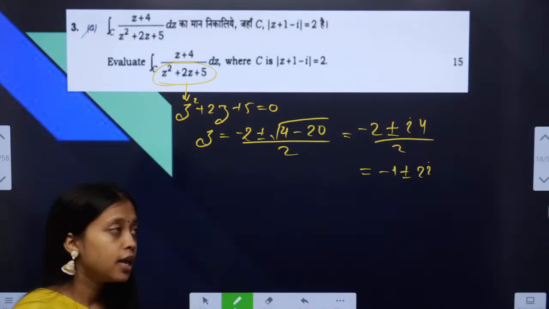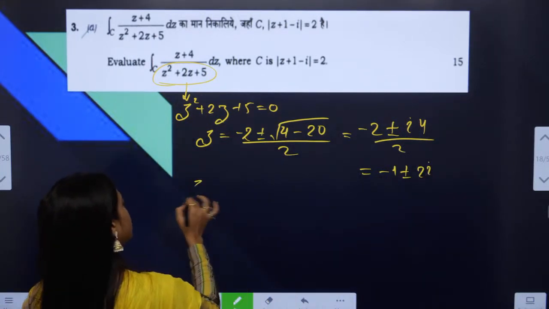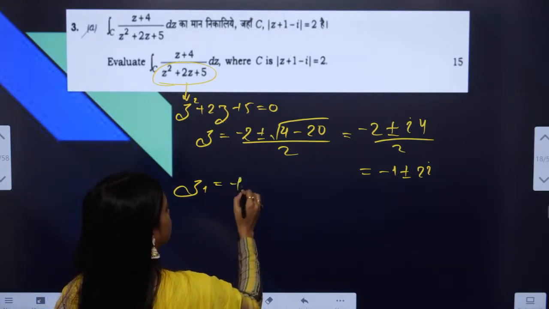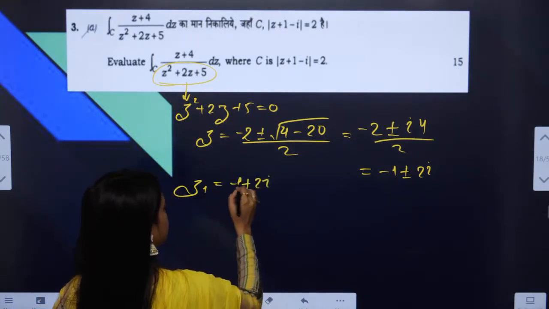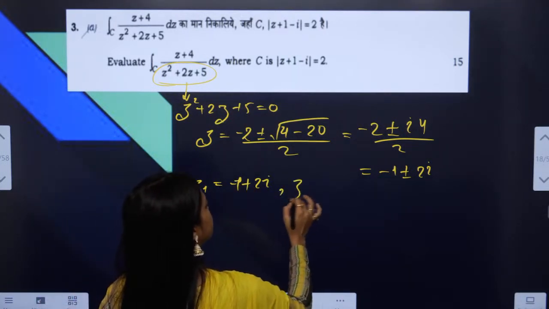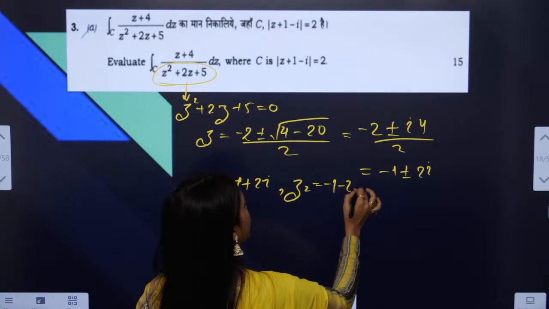So the zeros of the denominator, one is z1 equals minus 1 plus 2 iota, z2 is minus 1 minus 2 iota.